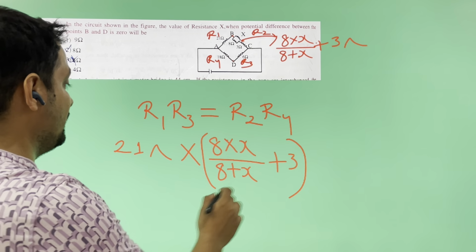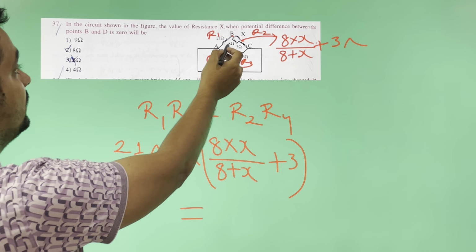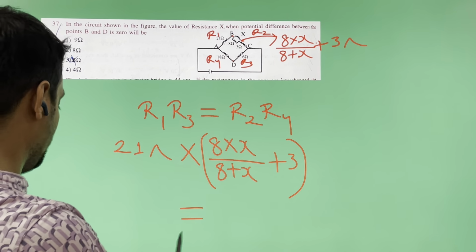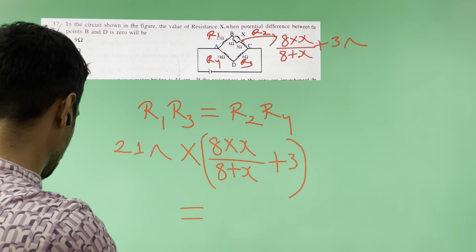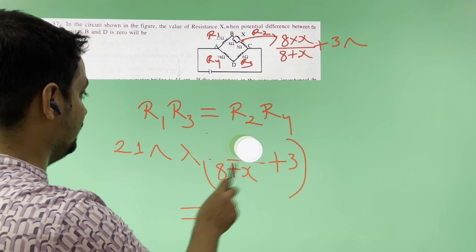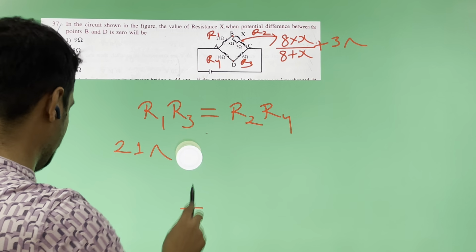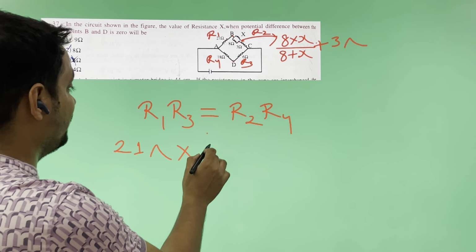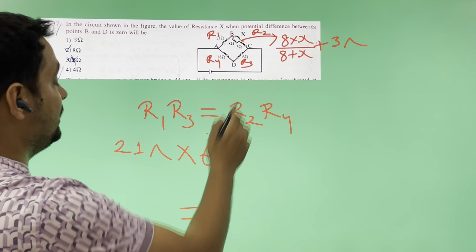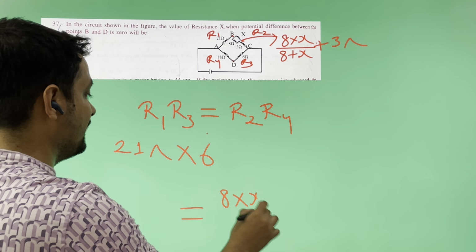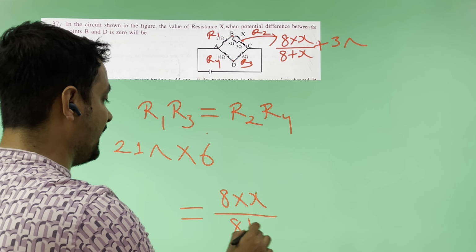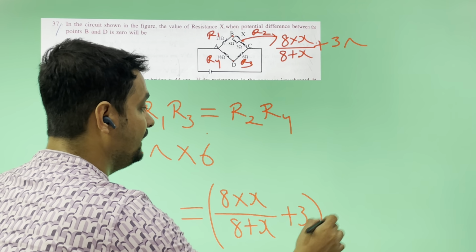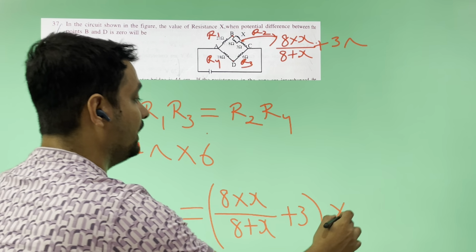Equals, sorry, here it is R3. So R3 is this one, 6, into this value, 8 into X divided by 8 plus X, plus 3, into R4, that is 18.